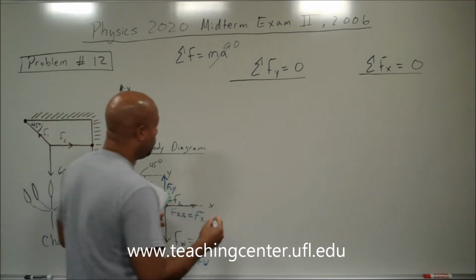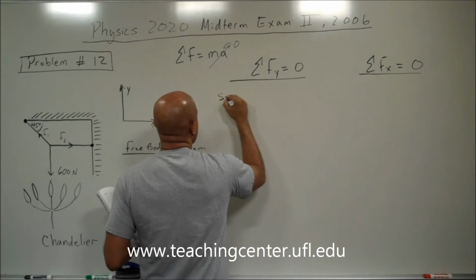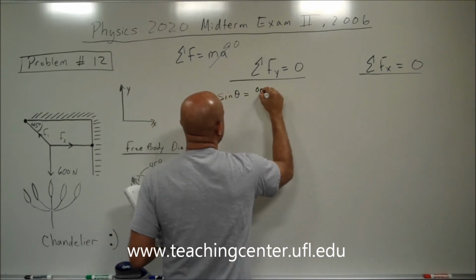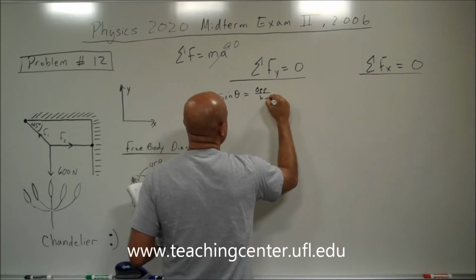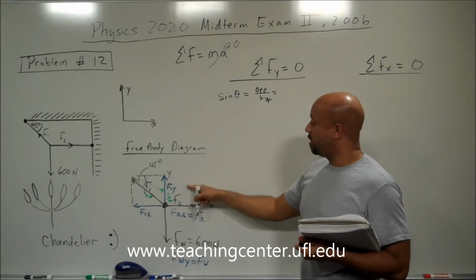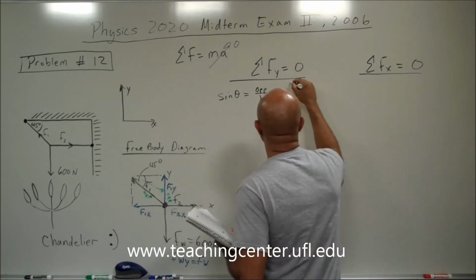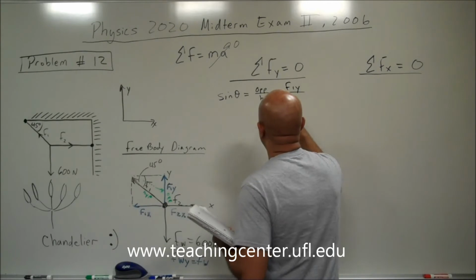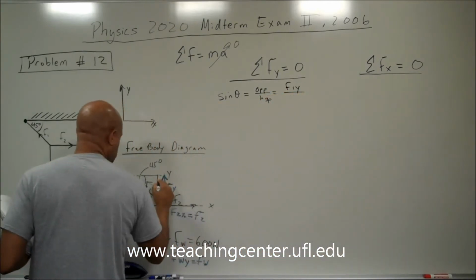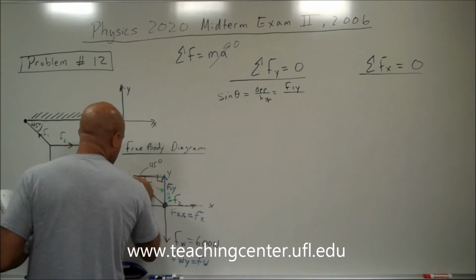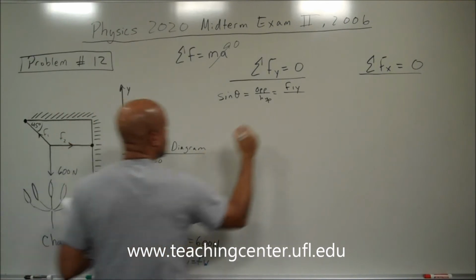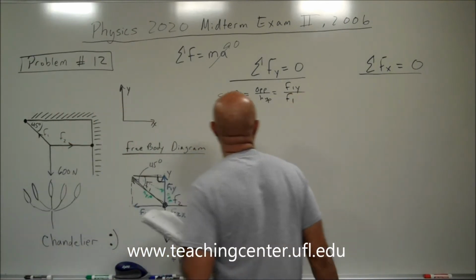So we know that the sine of theta is equal to the opposite over the hypotenuse. The opposite of theta in this case is force 1y, and the hypotenuse of this right triangle is force 1.